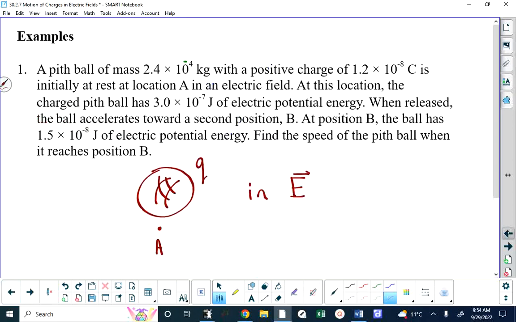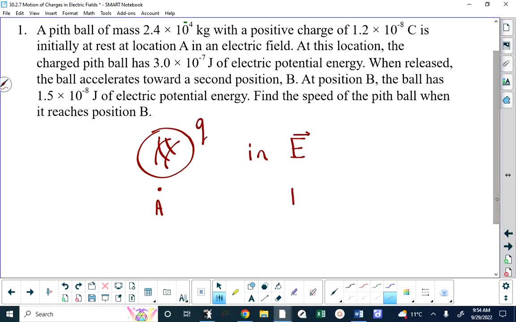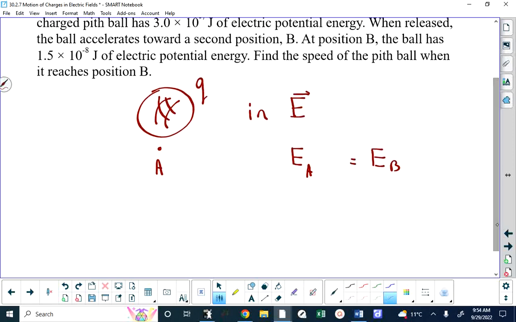So in this question, all we have to do is say that the total energy at A equals the total energy at B. This is a potential energy at A, and at B, there's a potential energy and a kinetic energy. And I realize that some of you just understand we have to subtract those two energies given to get kinetic energy, but I'm formalizing this.